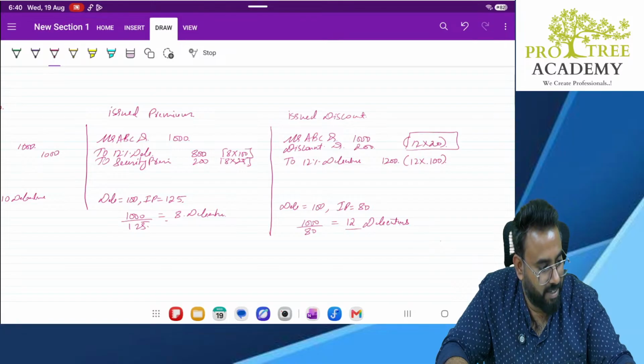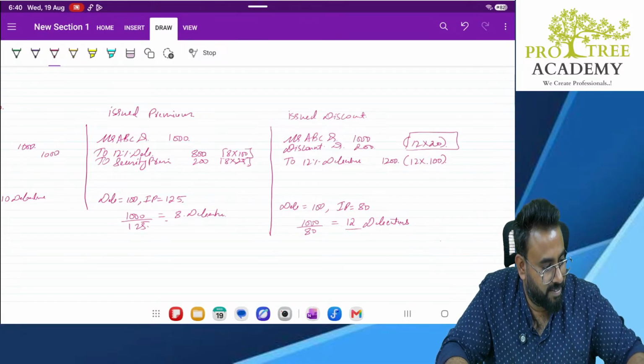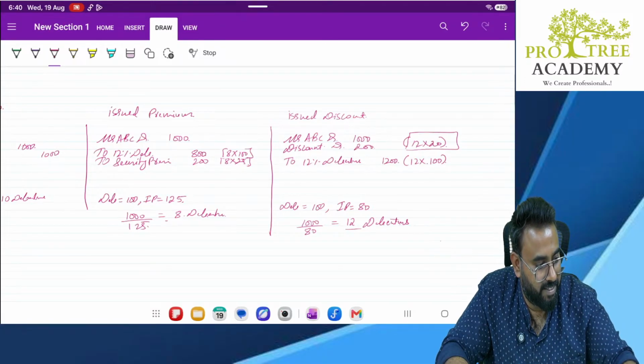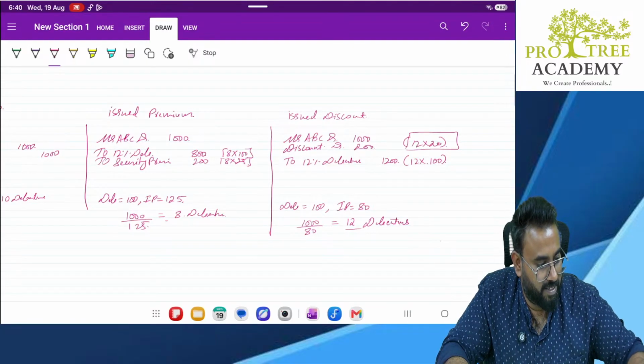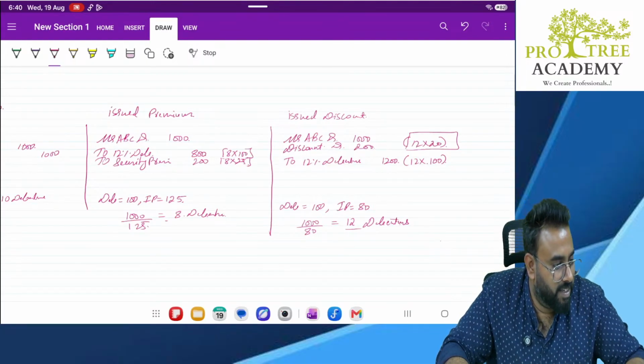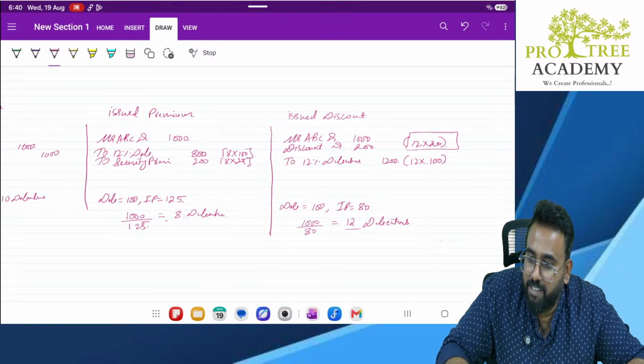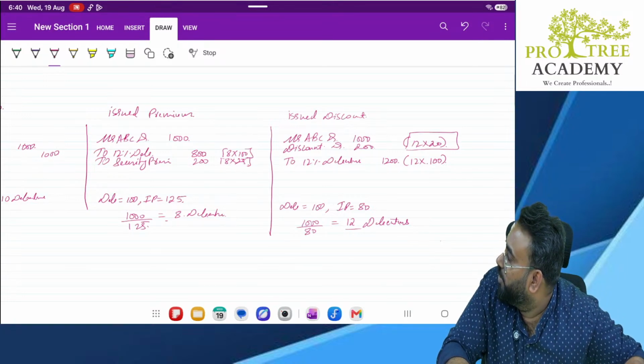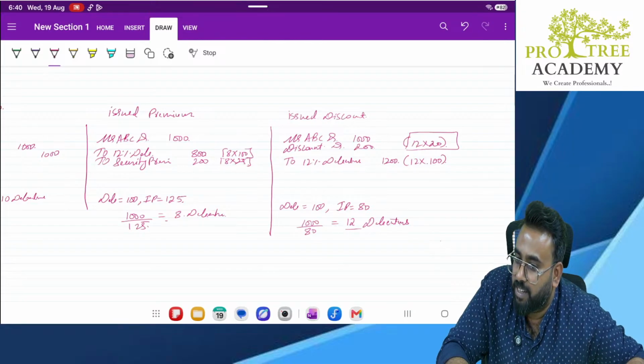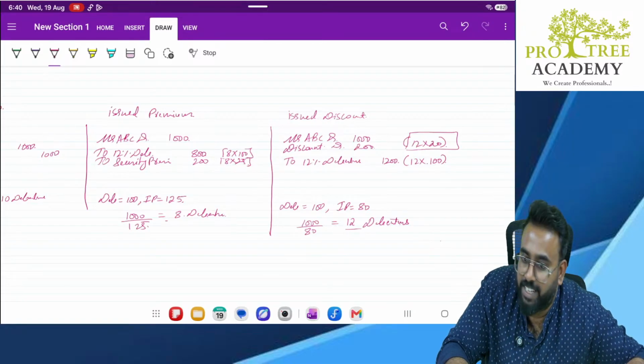Everything is becoming decimal. Okay, if you give 50, you check 50. 50 means how many debentures are we giving? Not 200, it is 20.